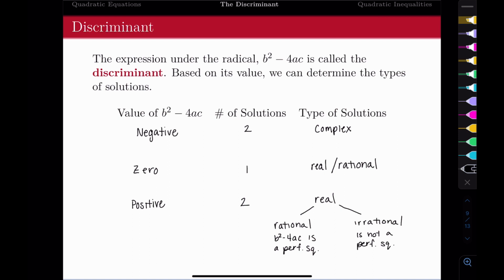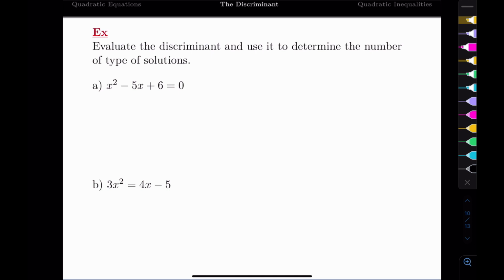So that's exactly the last example. b squared minus 4ac was 180. So it was positive, meaning we had two solutions. They were real, but irrational because 180 is not a perfect square. Okay. So let's try quite a few examples. We're going to evaluate the discriminant, and that's going to tell us the type and number of solutions.